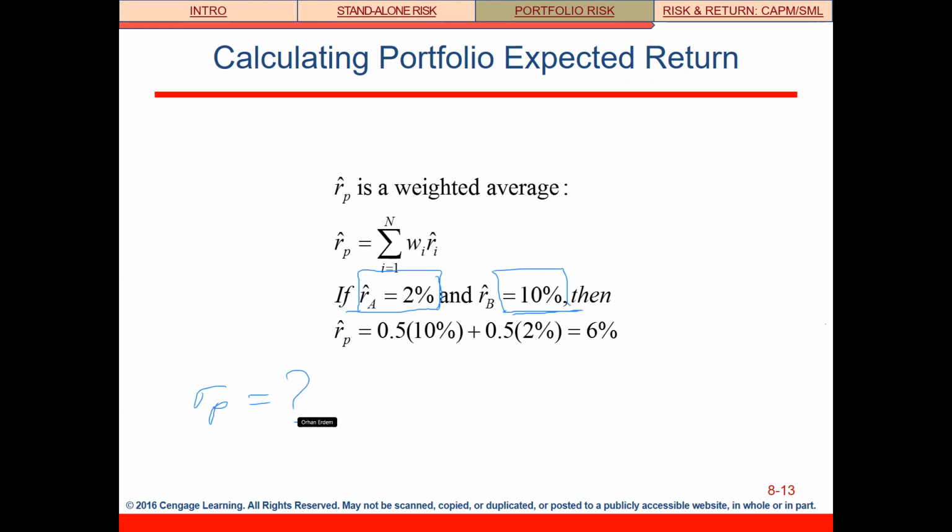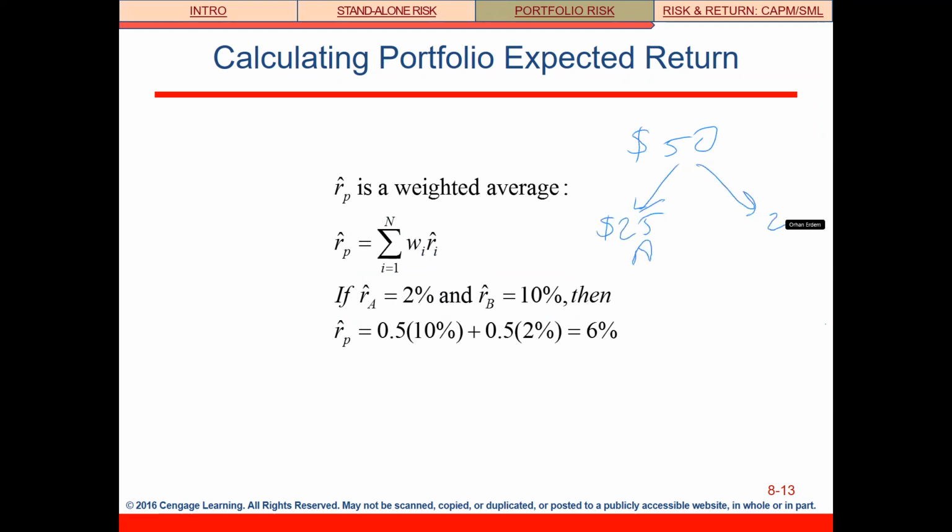Basically you have to multiply the expected return of each single stock with the corresponding weight. If you are equally dividing your money, like if you have $50,000, you invest $25,000 in A and $25,000 in B, then it's called an equal weight portfolio. So 50% in A, 50% in B.